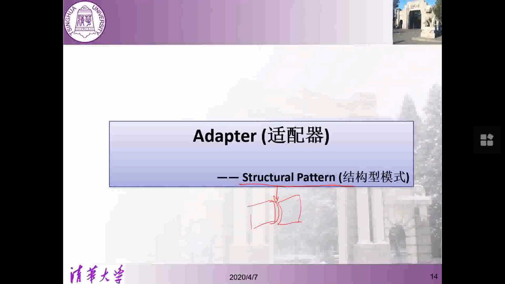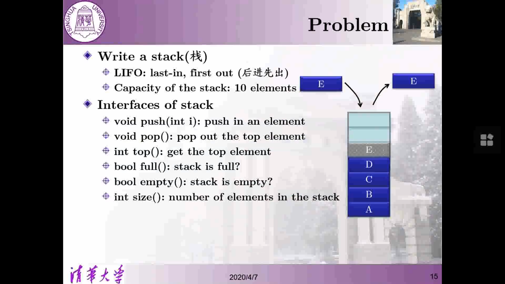Then we will get some structure to stick the two parts together. So the structural design pattern considers the structural relationship between the different classes. Okay, so we will learn this adapter design pattern.